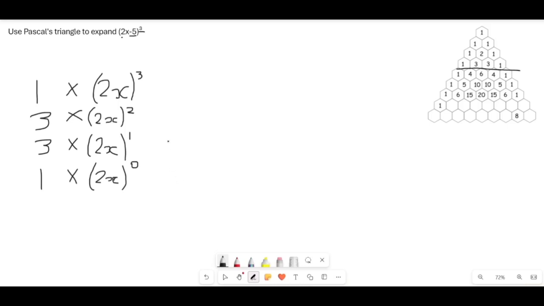Alright, now that we've got to this point, we're going to do what we did last time. The other trick that they could throw at you is this negative number here. So we're going to approach that with brackets again.